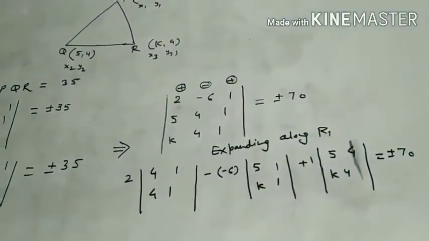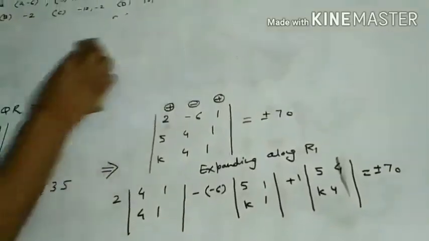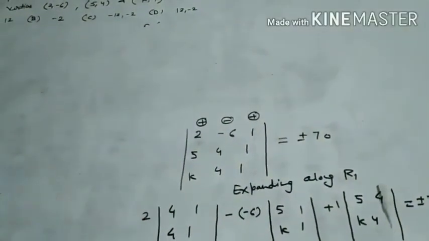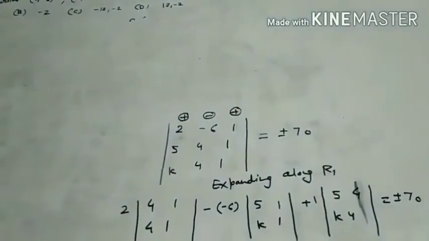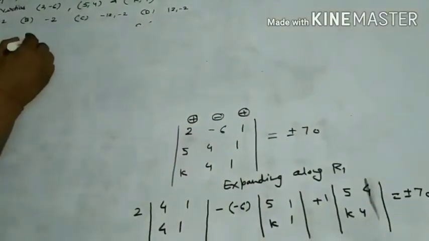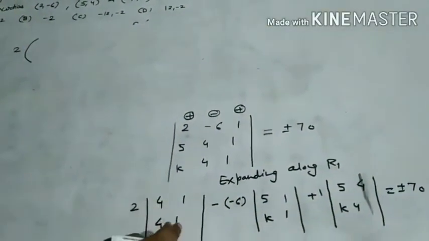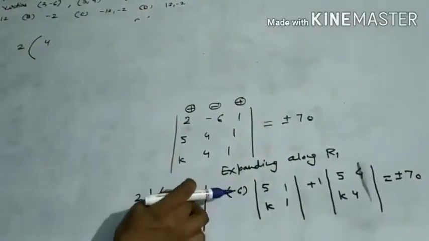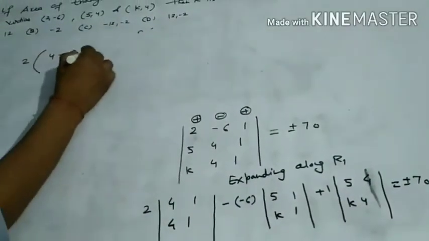Now after that, you have to see this is 2 times, cross multiplying, 4 multiplied by 1 minus 1 multiplied by 4, meaning 4 minus 4.